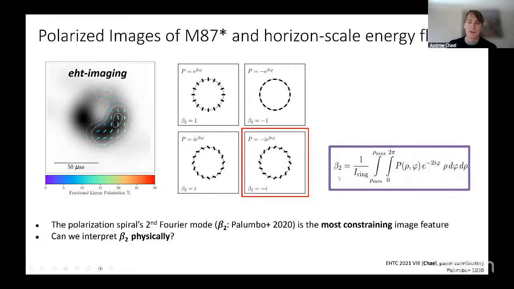And you can interpret different types of this beta-2, or different phases. This beta-2 is a complex number, and so it has amplitude and phase, and its phase is the most important part. Different phases of beta-2 tell us how the polarization spiral is oriented, whether it's radial or azimuthal, or whether it's right-handed or left-handed.